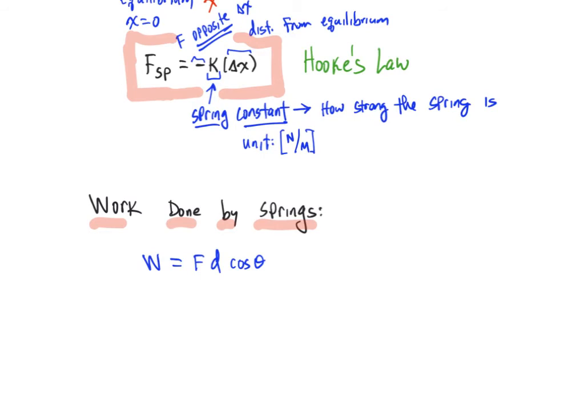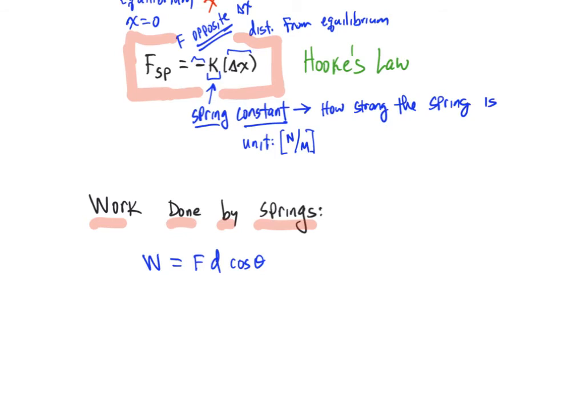But the tricky bit is that what we have in a spring is that, of course, the force F depends on the distance, right? As you stretch the spring more and more, as d gets bigger and bigger, F changes. F gets bigger and bigger. So if the force is constantly changing, what do you plug in for F? I hope that makes sense.